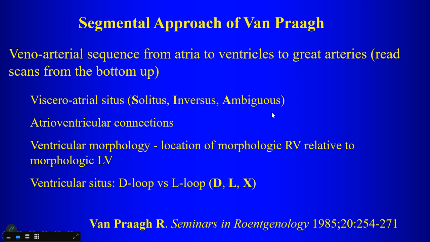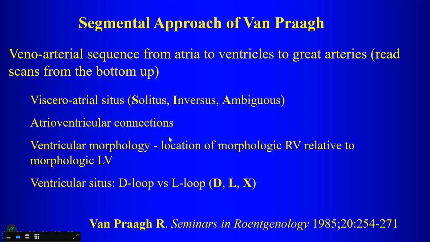Left-sided atria, right. How do you differentiate a left atrium from the right atrium? What does the left atrium have? The tubular atrial appendage, right? So the morphology resembles left-sided atria when you talk about polysplenia. Asplenia, the morphology of both atria resemble right-sided atria. All right, so that's the situs.